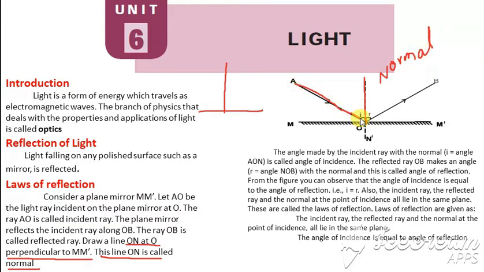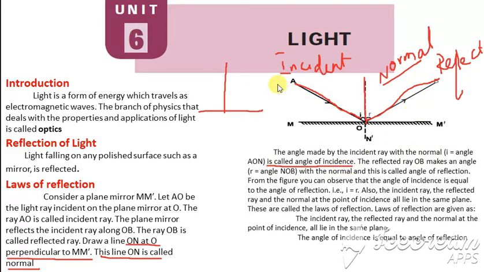So the line OA is called the incident ray, the line OB is called the reflected ray, and this line is called the normal.